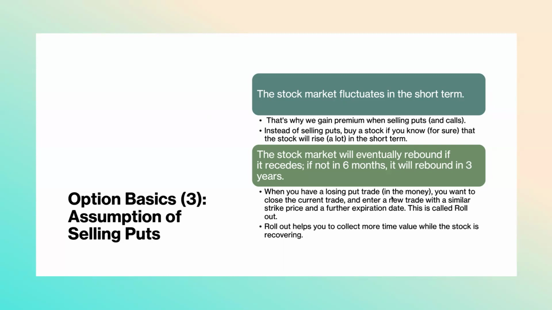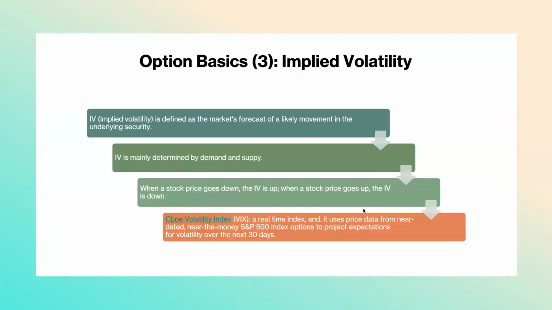In this way, you collect more time value while the stock is recovering. But this assumption doesn't apply to meme stocks. GameStop was as high as $300 in 2021, and today it is $12. Imagine you sell a put at $300, you probably won't see the stock go back to $300 in your lifetime.